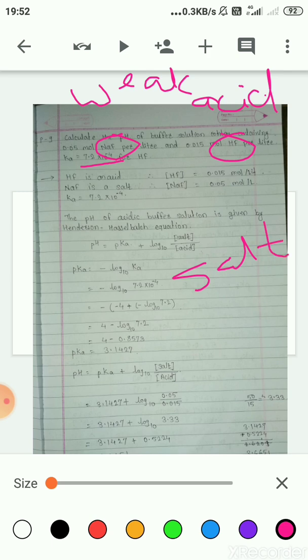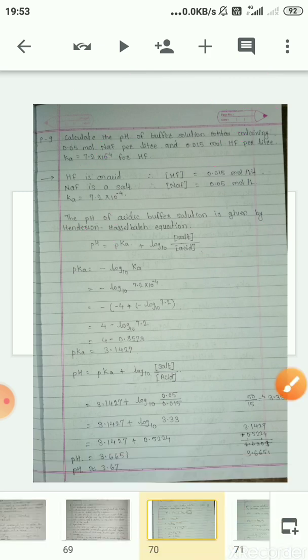So the solution of sodium fluoride and hydrogen fluoride is an acidic buffer solution. Therefore we have to use the formula for pH of a buffer solution containing acid.